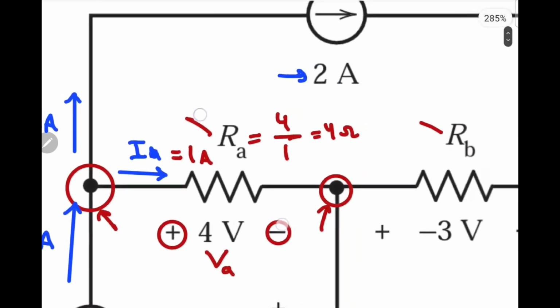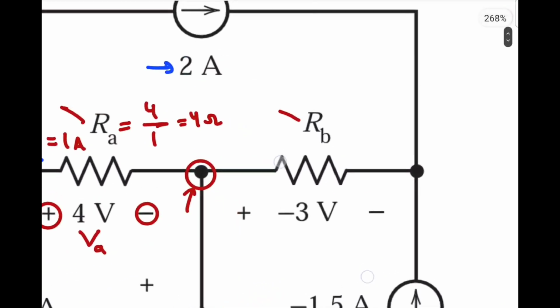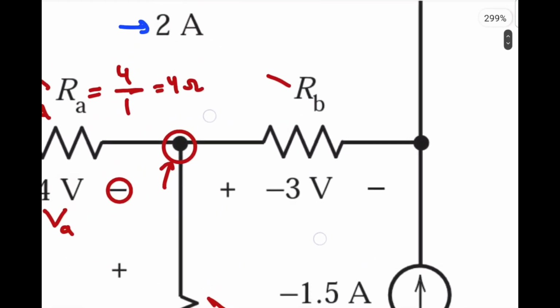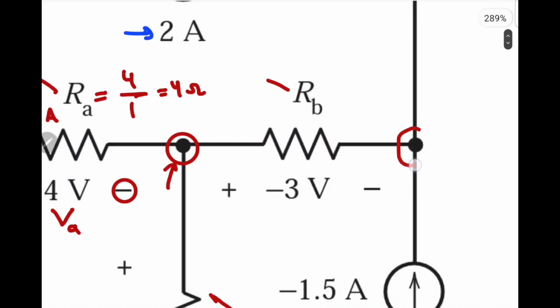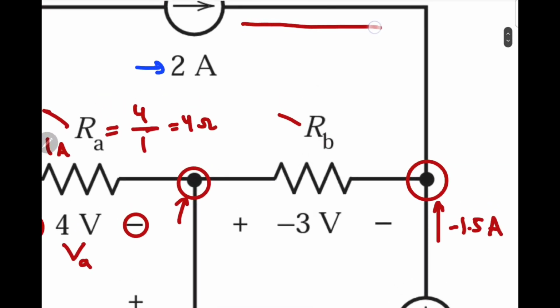Now what about RB? For RB, let's focus on this node. There is a current going in this direction with a value of minus 1.5 ampere, and there is a current going in this direction with a value of 2 ampere.